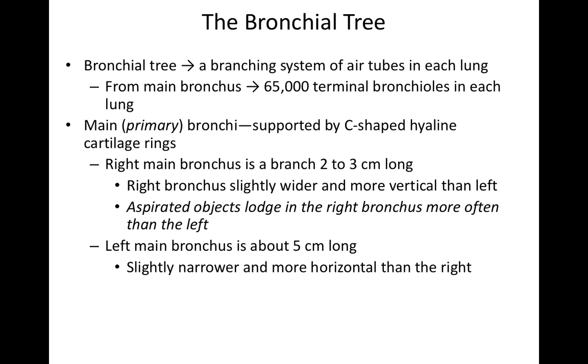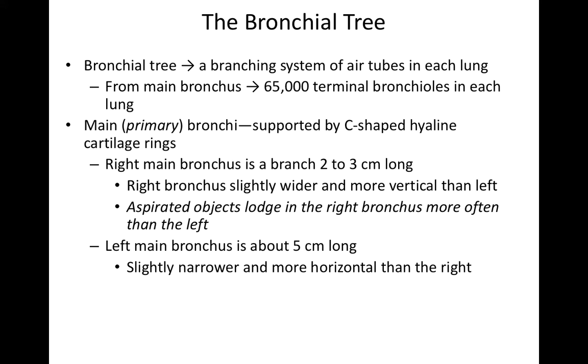All right, so the main or primary bronchi are essentially extensions of the trachea, same C-shaped hyaline cartilage rings. The lungs are not symmetrical, and neither is the tree. So on the right main bronchus, we've got a short tube, only about 2 to 3 centimeters long, and it sits more vertically and is wider than the left.